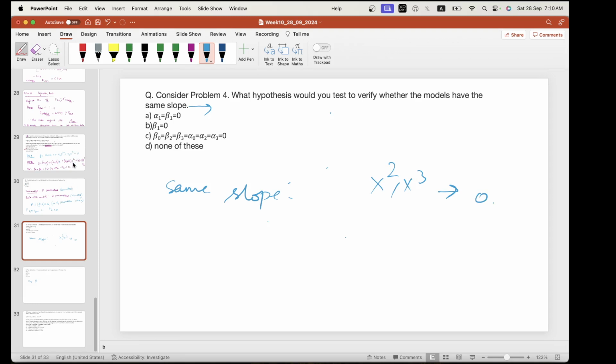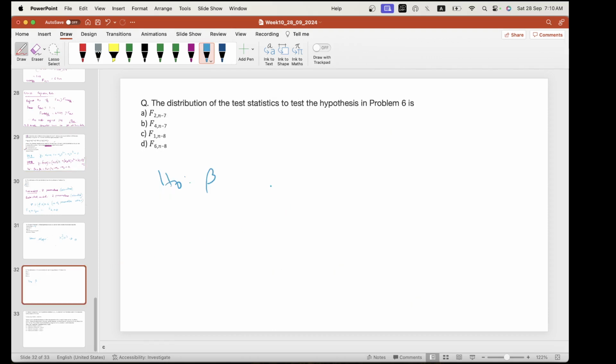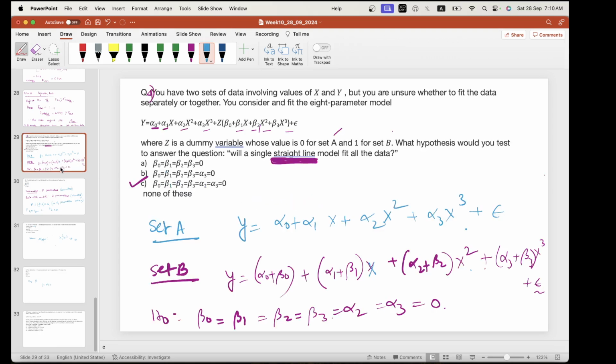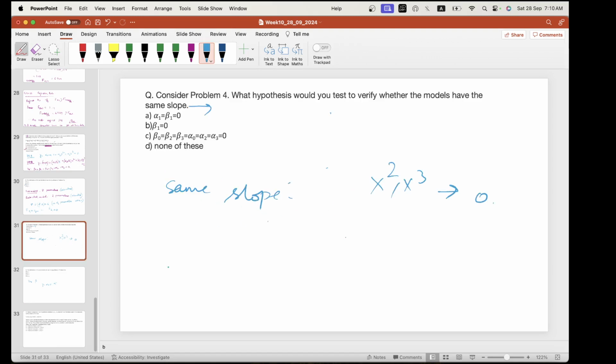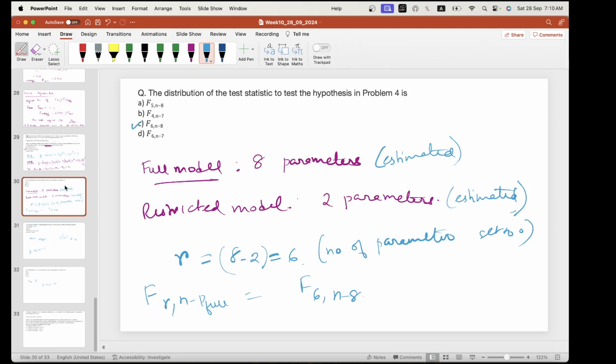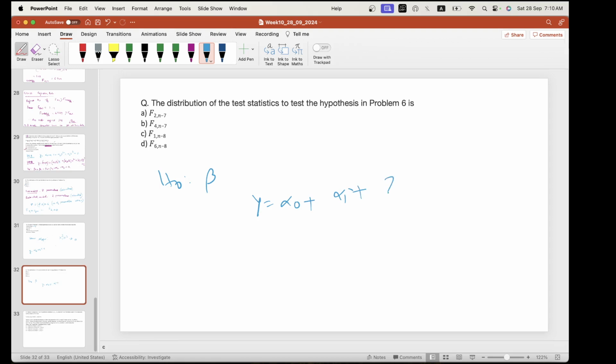So then what do we have over here? We have y equal to alpha naught plus alpha 1x plus, here we have z into beta naught plus z into beta 1x.